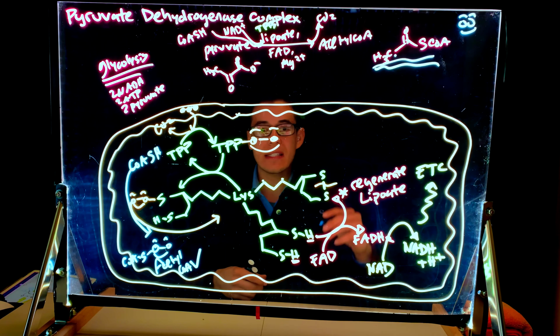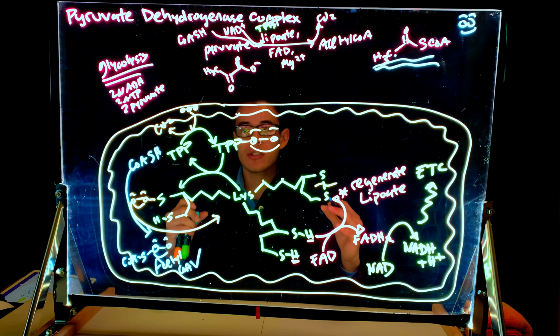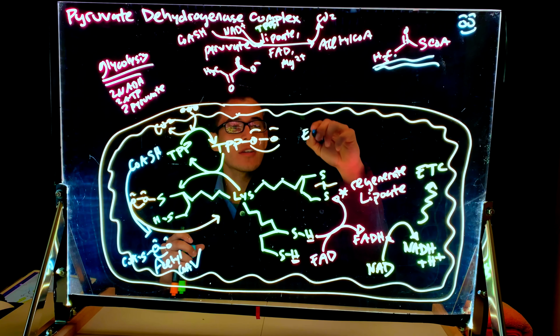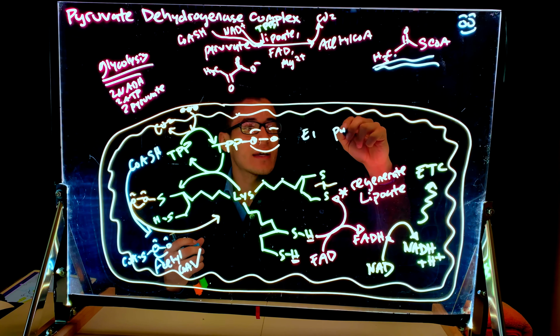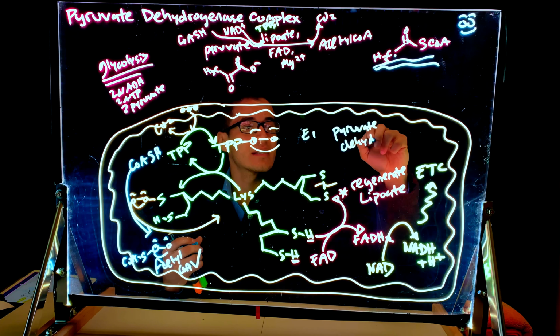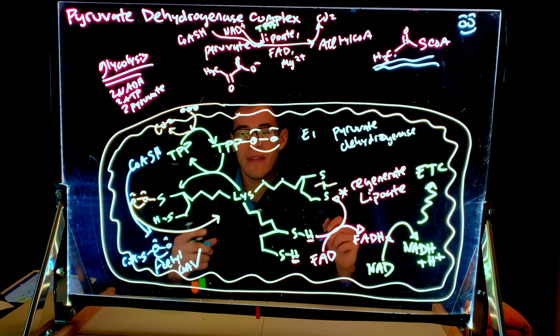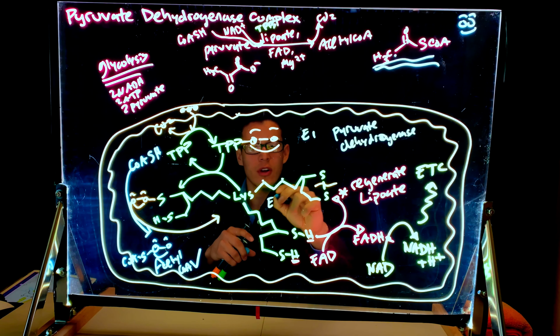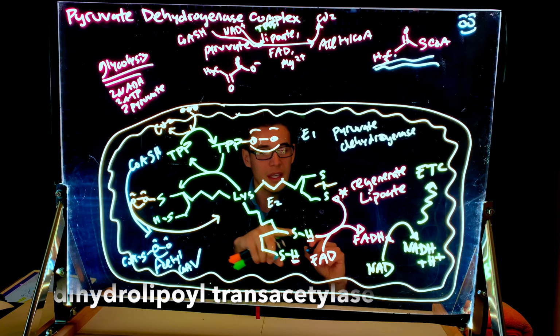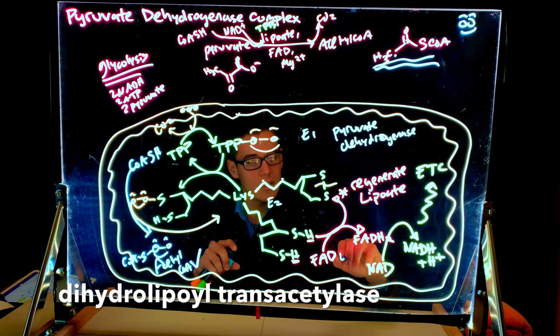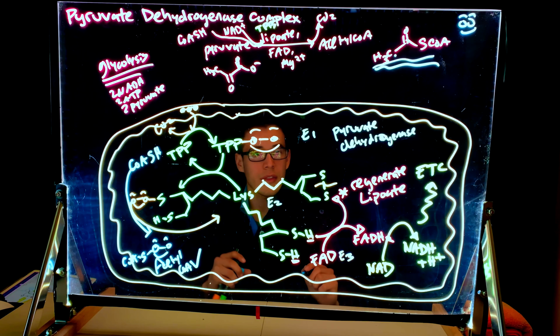The last thing I wanted to say was this is all one large complex. So here, this is our E1. This is known as pyruvate dehydrogenase. And then down here, this was our E2. And here with FAD was our E3.